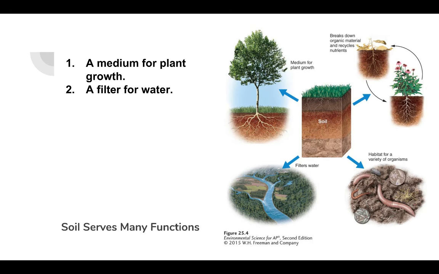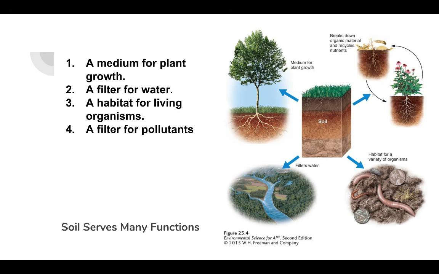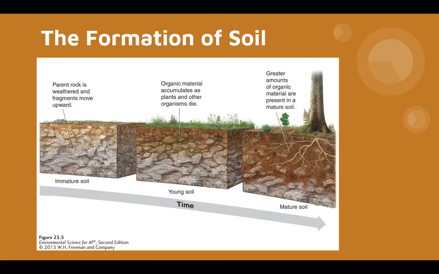Filtering water: as this course moves on, you're going to see how essential it is that water infiltrating the ground is slowly cleaned and purified for us to use again. We all know it's a habitat for living organisms, and we'll see by the end of this lecture how these living organisms in turn provide a healthy soil to grow these plants. And just like it filters water, pollutants are pulled out from the ground and water as well.